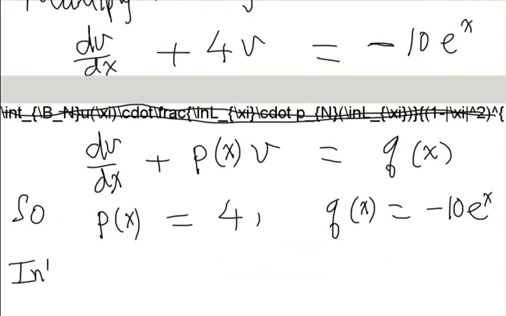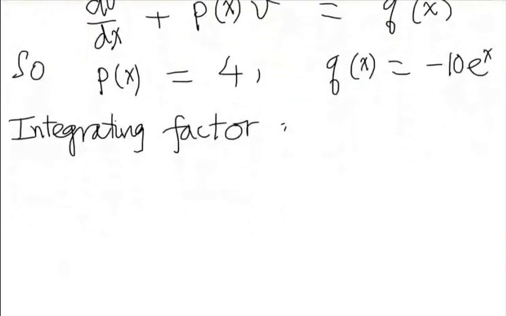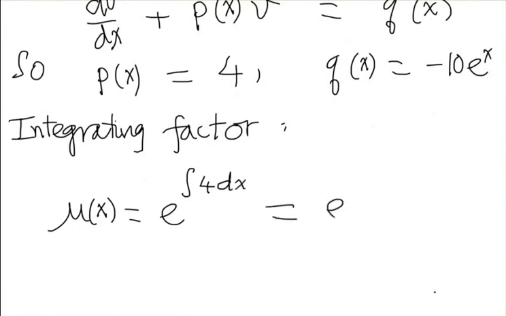So we continue solving the linear equation by using an integrating factor. mu(x) is e to the integral of p(x), which is 4, dx. So we have e to the 4x.